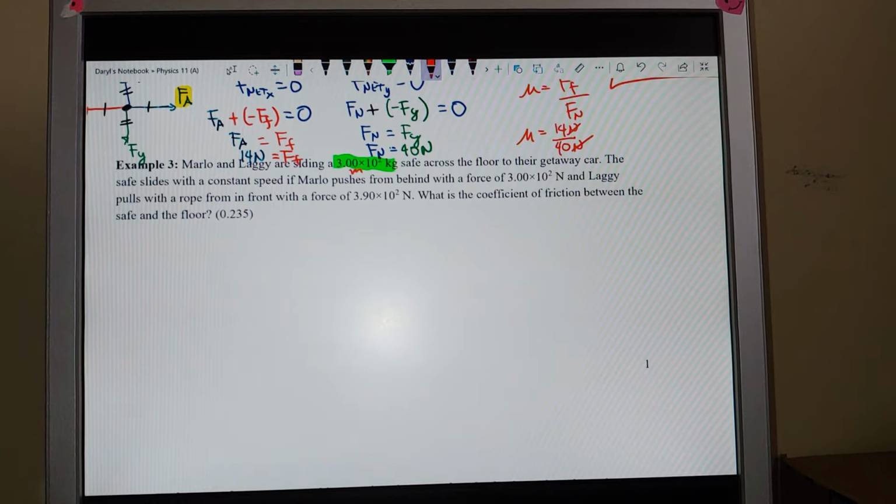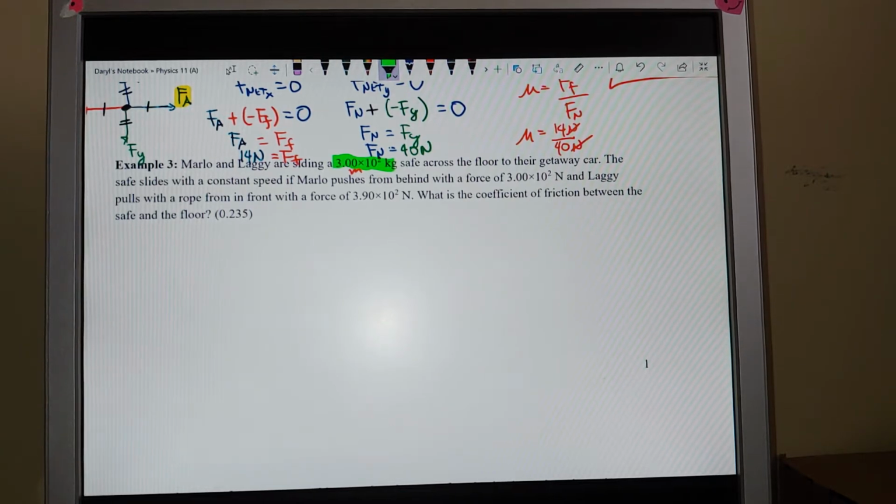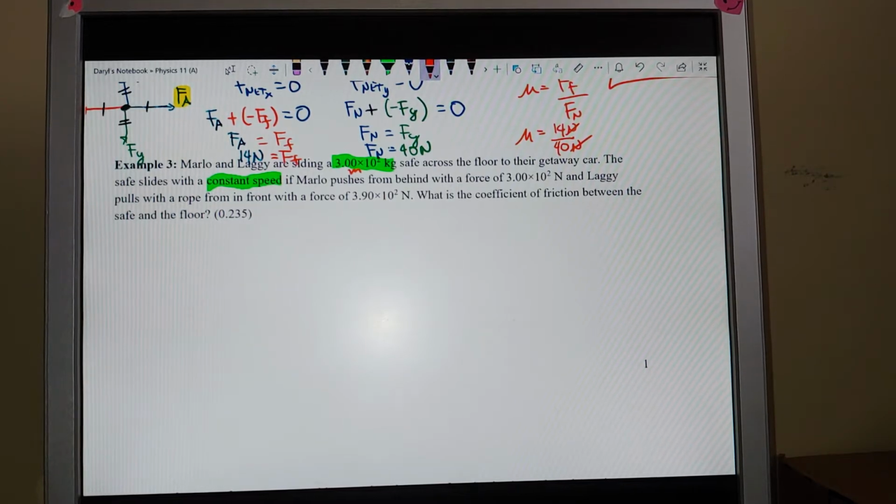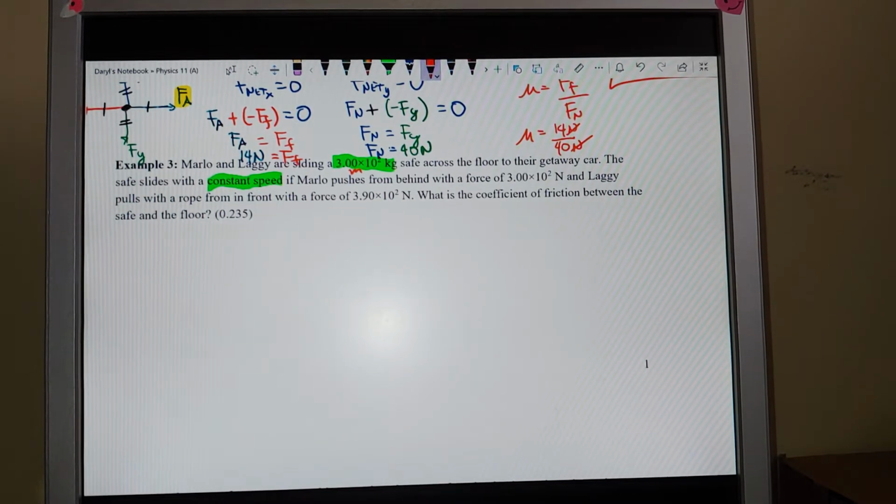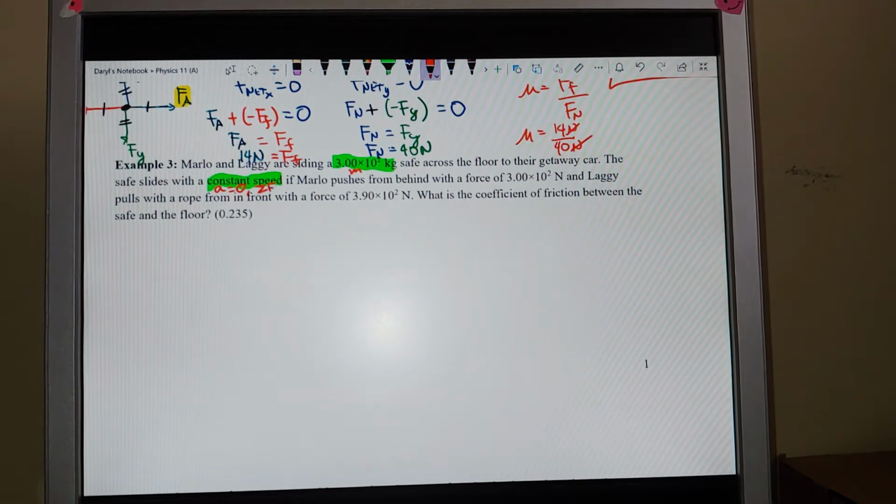We're given here that it's moving with a constant speed, and it's moving in the same direction. So we can say that acceleration is equal to 0. And remember that if the acceleration is equal to 0, the summation of all the forces is also equal to 0.